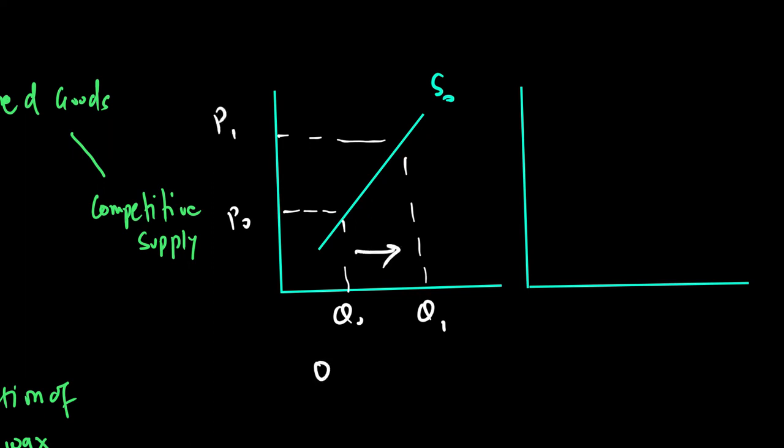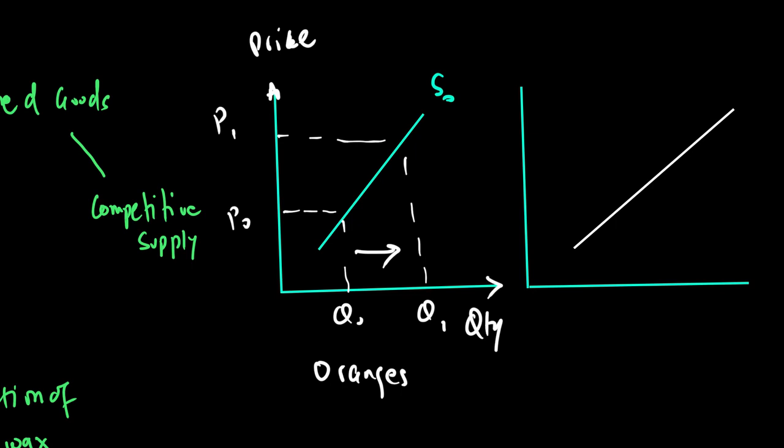So the quantity supplied of oranges is going up, but that would mean I have less land available for lemons. So while I am producing more oranges, the supply of lemons in the market will go down. And why is that so?